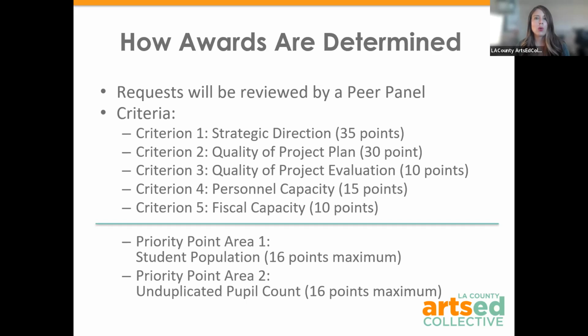These districts will earn 8 priority points. Tier 2 includes those with 86% or greater of unduplicated count population. These districts will earn 16 priority points. Again, you will not report these numbers in the application. They will be pulled from the most recently reported data sent to the CDE by your district.